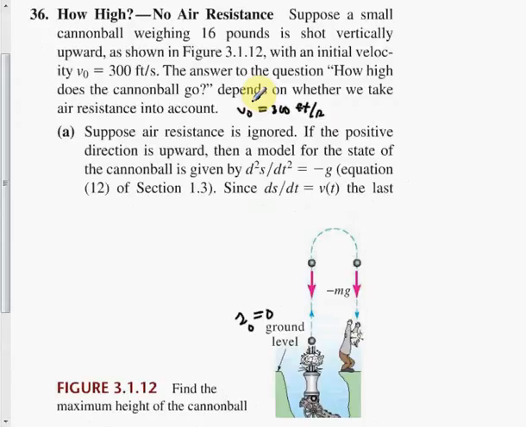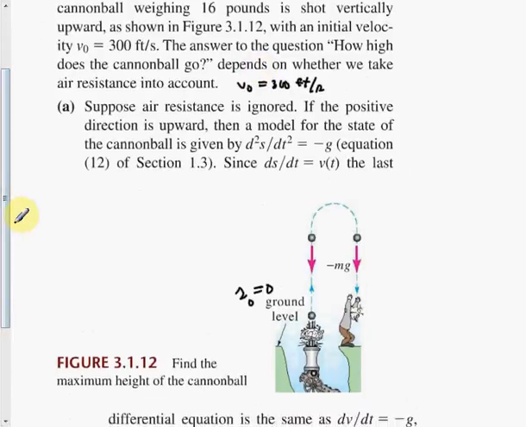If the positive direction is upward, then a model for the state of the cannonball is given by the second derivative of the so-called distance. Here, the acceleration is equal to negative g. And back in section 1.3, that was one of our models. And so obviously the velocity is the derivative, the change of the distance with respect to time.